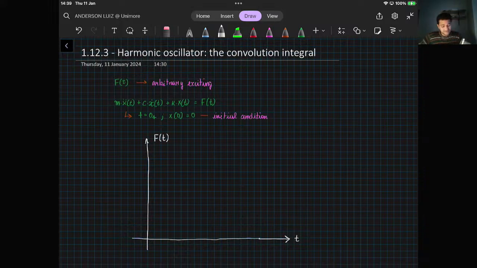So we have a forcing, and we have an elementary impulse.